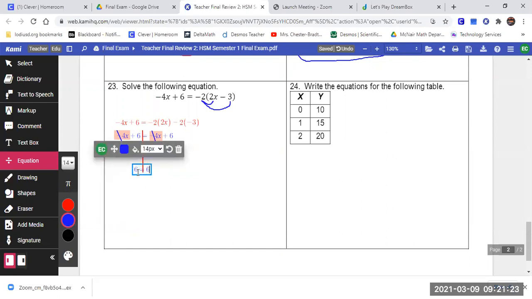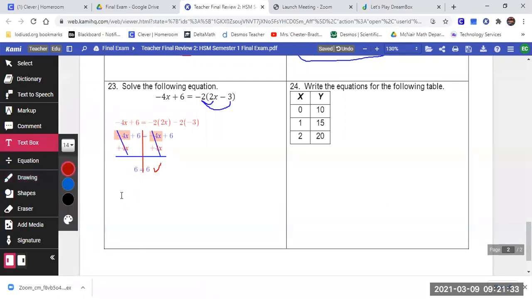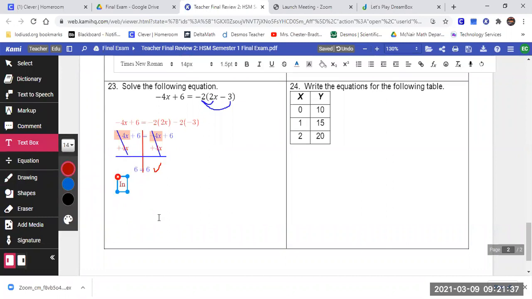And when it's a check mark, what's our answer going to say? Yep, infinitely many solutions. Infinitely, it's one of those you have to spell. Many solutions.